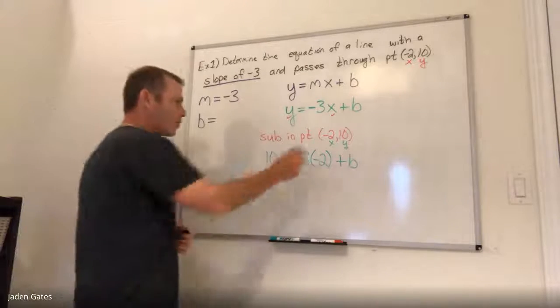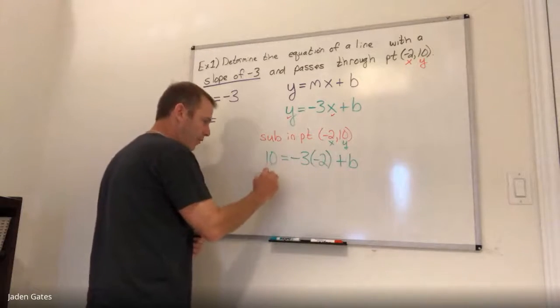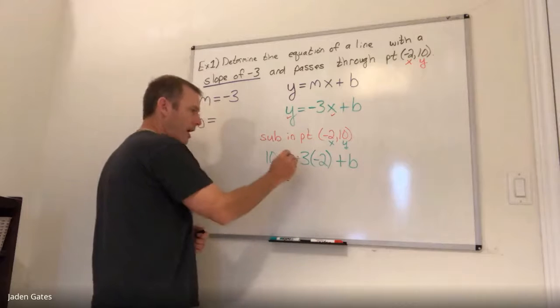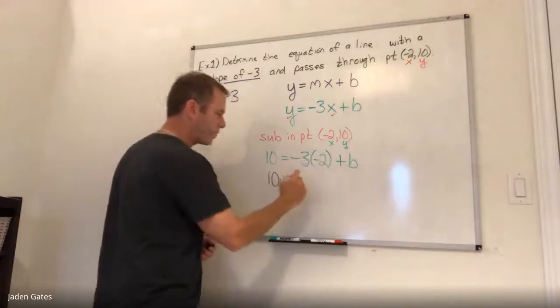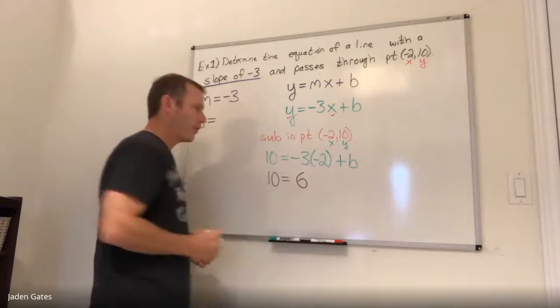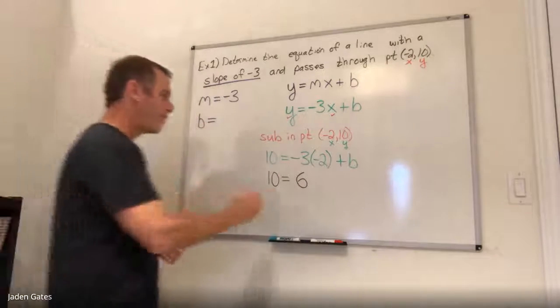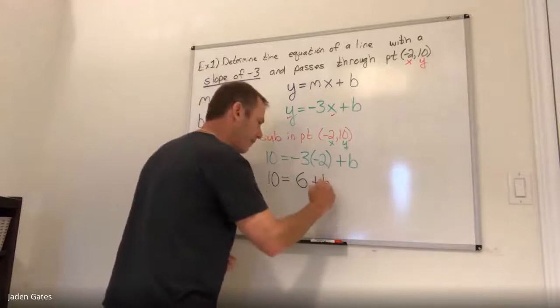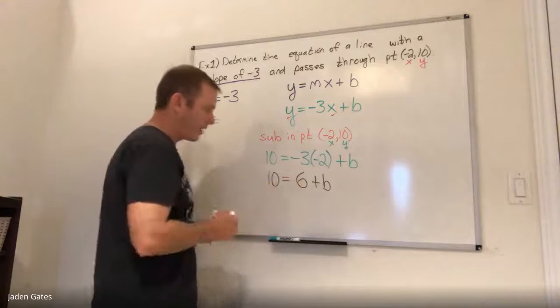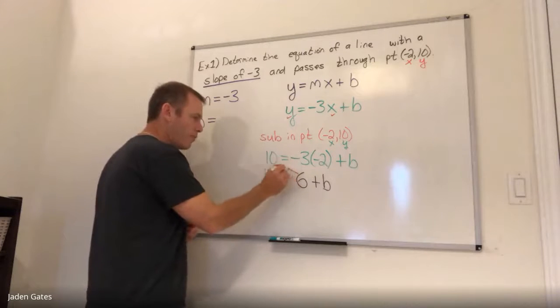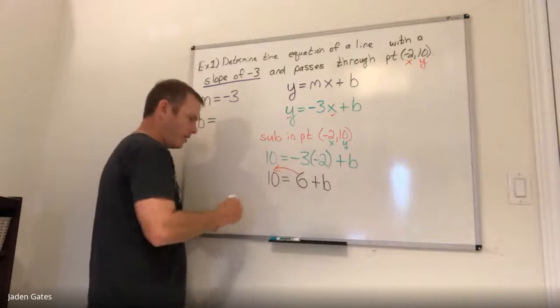All right, and then I'm going to solve for b. I have this 10 over here. I have a -3 times a -2. A negative times a negative gives us a positive. And we get a +6 plus the b. Now, solving equations, I want to get b by itself, isolating the variable. I'm going to move that 6 over to the other side.